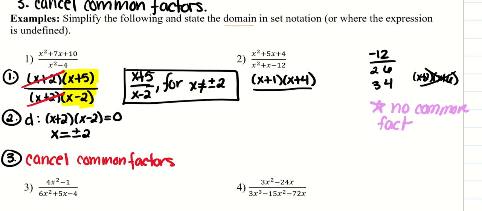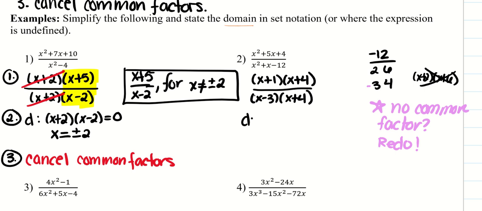No common factor, redo. So I know that 3 and 4 with minus 3 is going to give me the correct factor here. So if I have x minus 3, x plus 4, I'm comfortable with that factoring because I have two common factors in the numerator and the denominator.